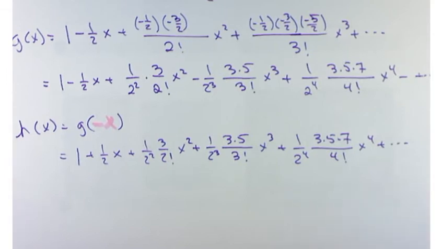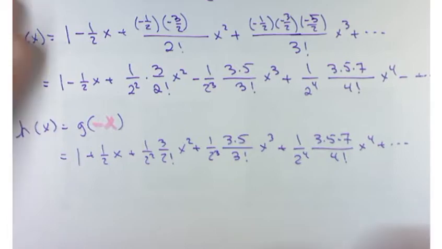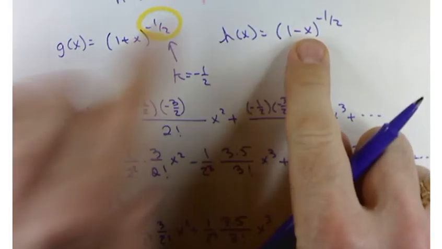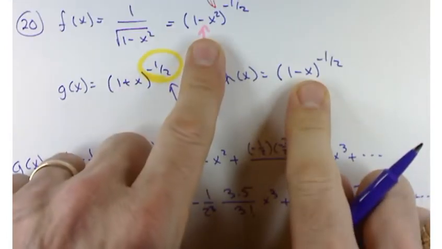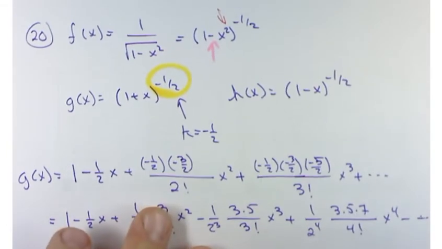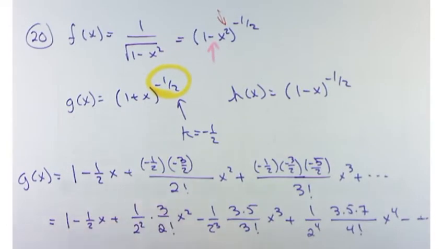Almost done, right? I've got h of x. What's the last thing I need to do to get f of x? Not quite multiply them together. It's not a square root.